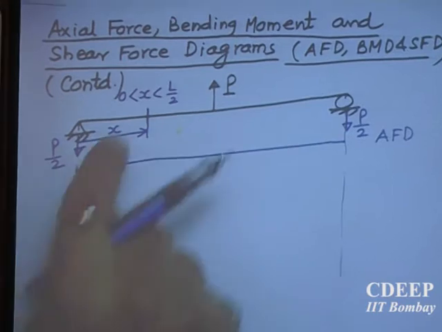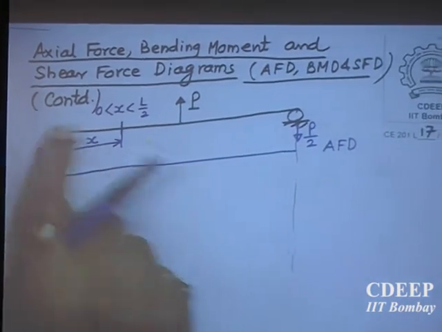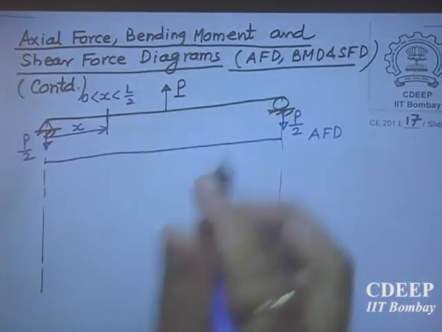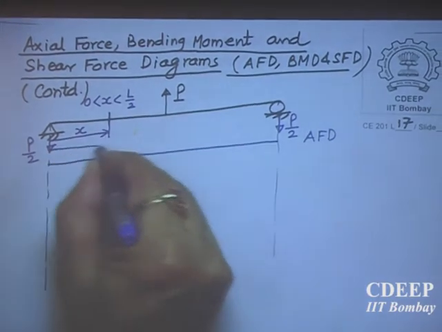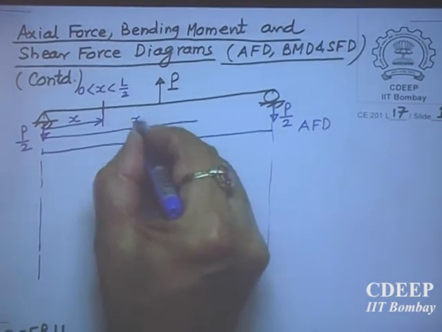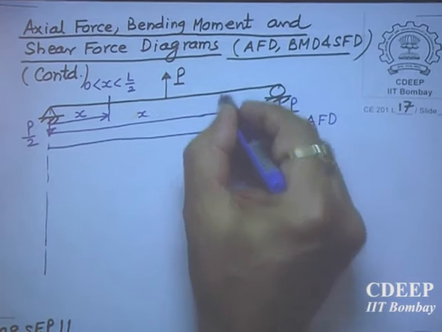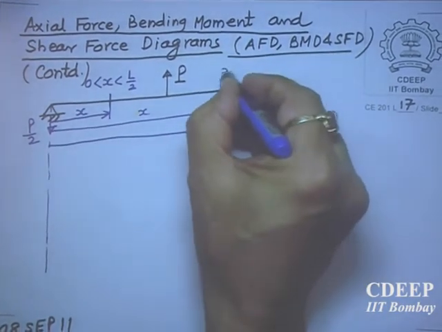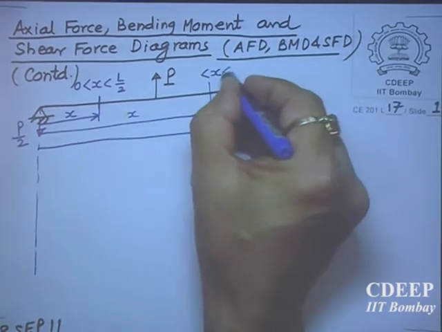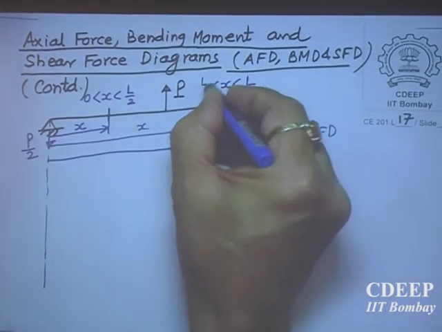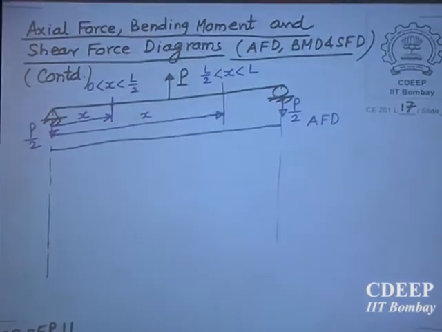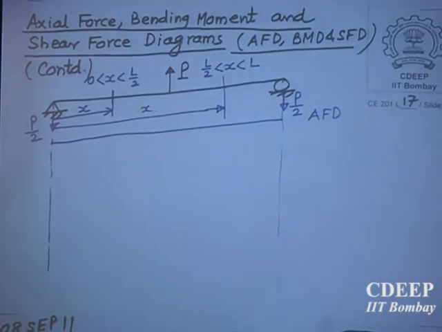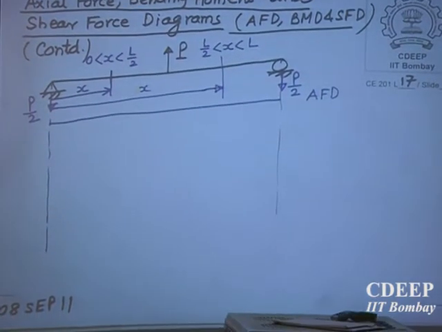It has to be slightly more than 0 and less than L by 2. Similarly, we also took another x in this section, where x was more than L by 2 and less than L.